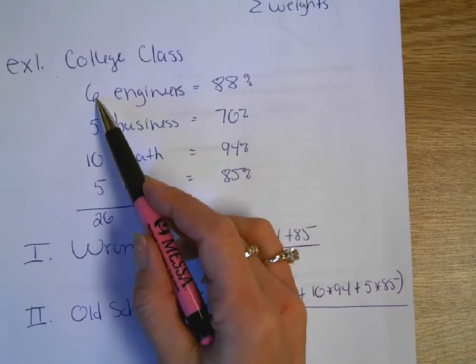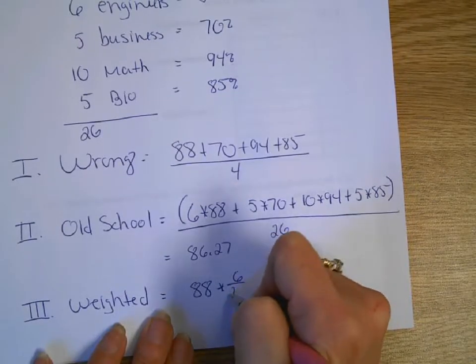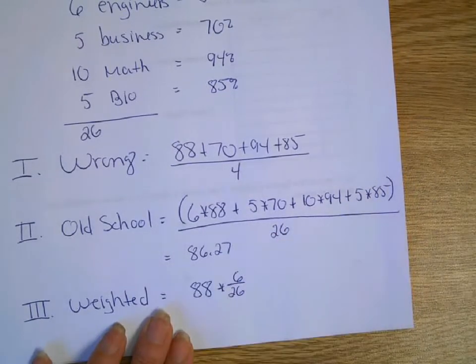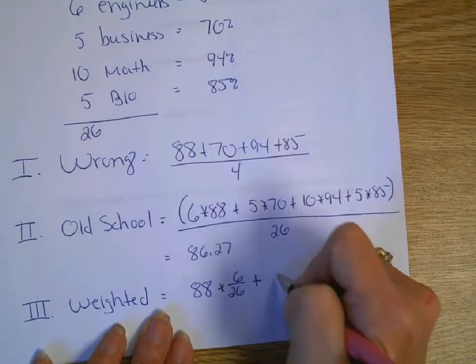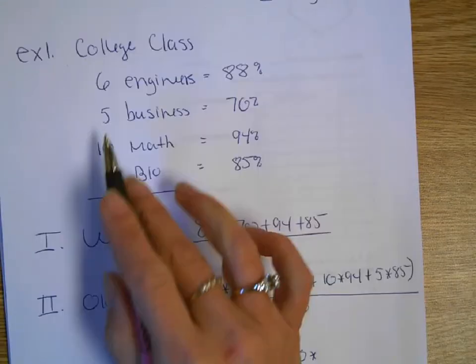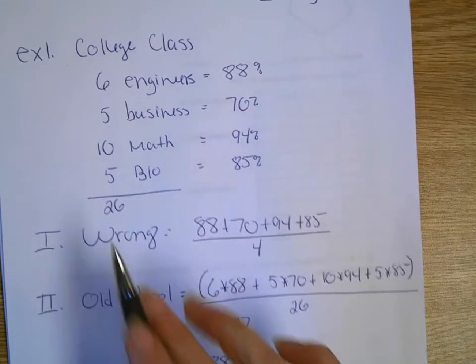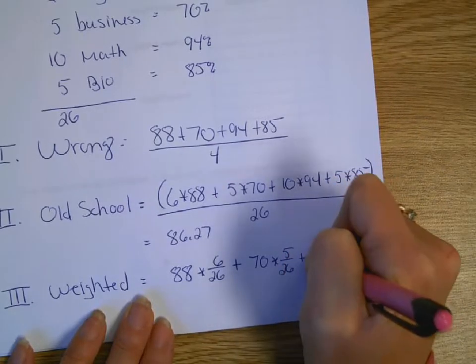Well, they are 6 people out of 26. So you would multiply by that weight. Then you add on the next one. The average was 70 for the category for business majors. The business majors make up 5 out of 26, 5/26 of the class.